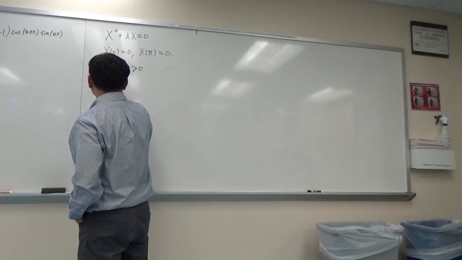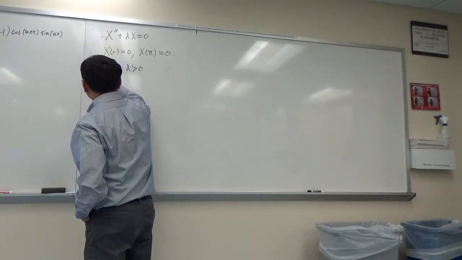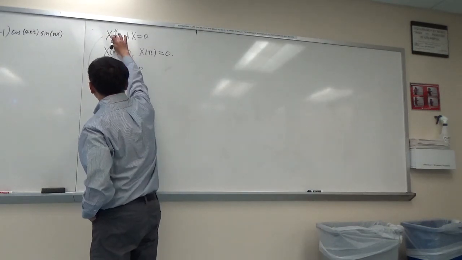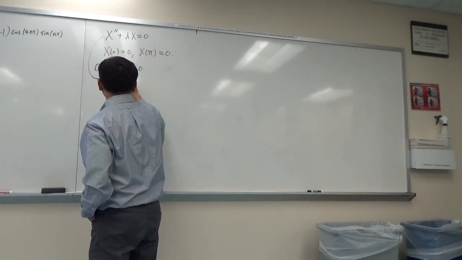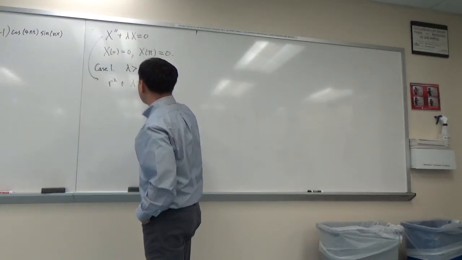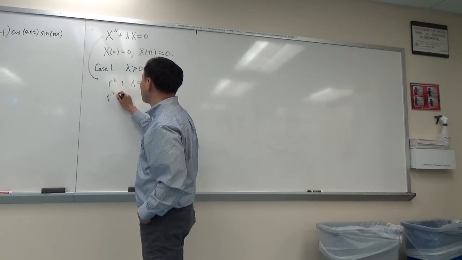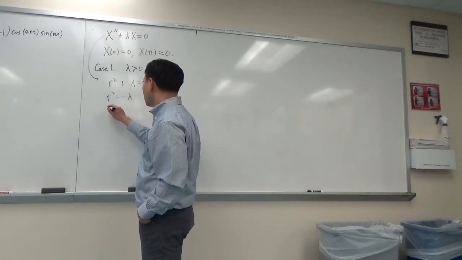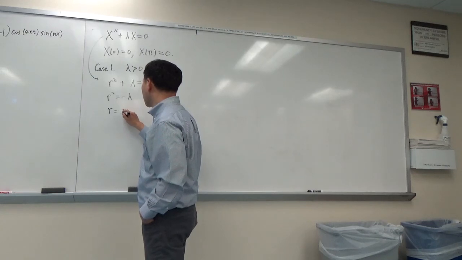For that, the characteristic equation becomes: x double prime becomes r squared, x prime becomes r to the 0th power, so it's just this. And we have r squared equals negative lambda. And then r becomes plus or minus square root of lambda i.